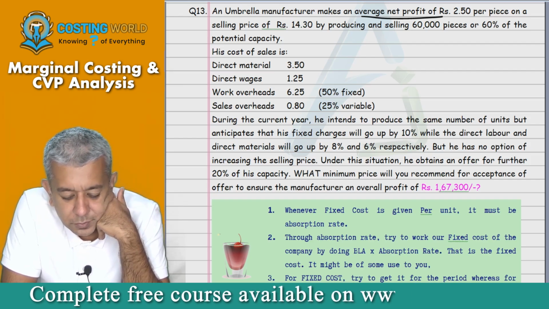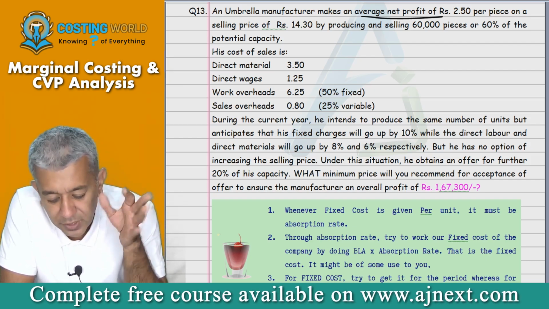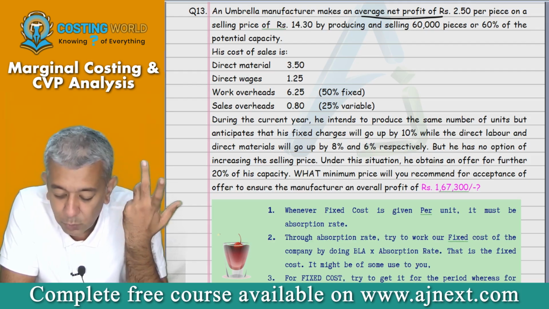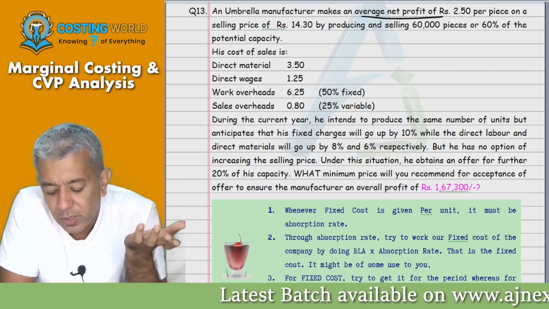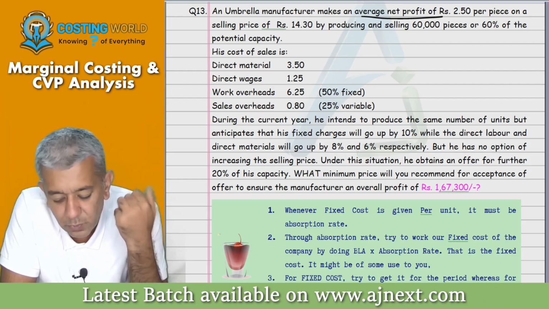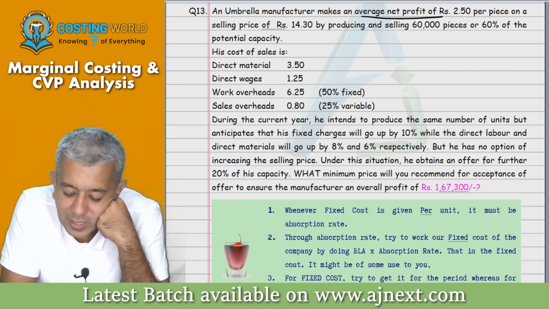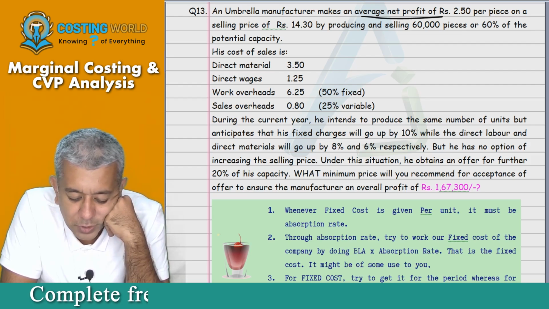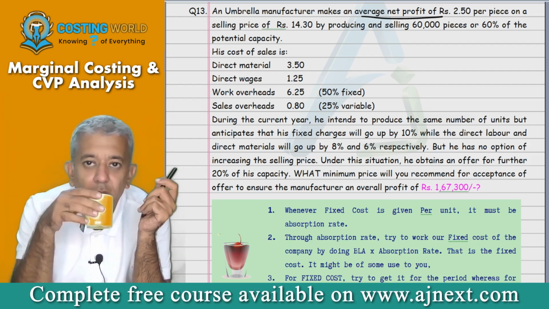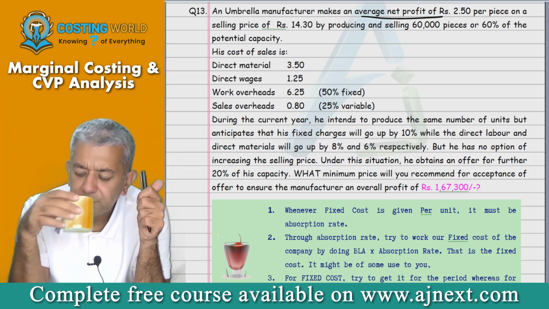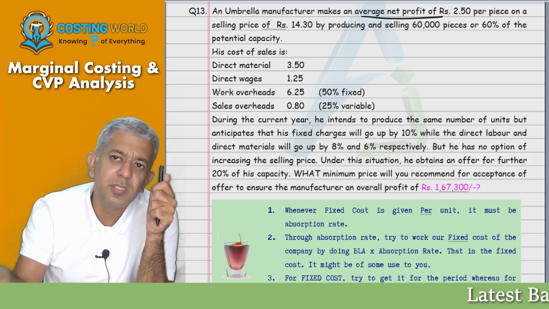So there is a company that makes an average net profit of 2.5 per piece. Even that data will not be of much use because profit is not per unit. On a selling price of 14.3, by producing and selling 60,000 pieces or 60% of potential capacity. Can you say their potential capacity must be 1 lakh units? Yes, sir. But currently they produce and sell 60,000.